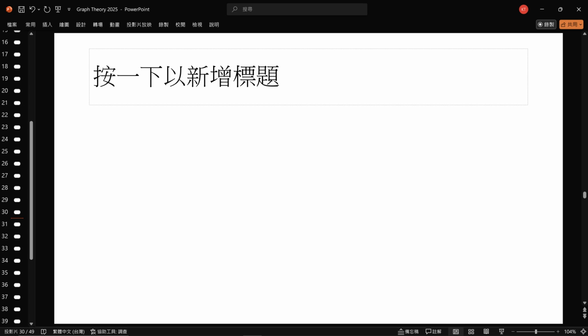Okay, so this is our input. Furthermore, we're going to assume that D1 is the largest degree, and D2 is the second largest degree, and so on. So Dn will be the smallest degree.